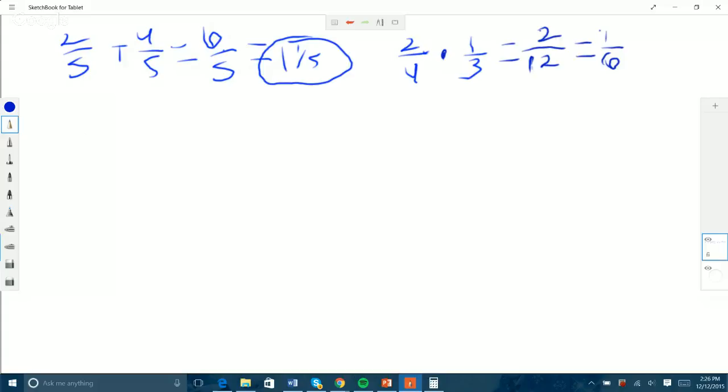So the reason why they'll ask you to simplify is because you never know if some questions can be quite difficult for you to keep all these large numbers. So it's best that you simplify as much as you can.